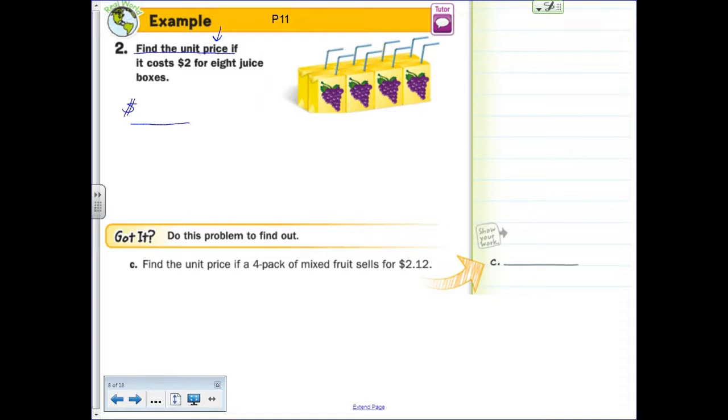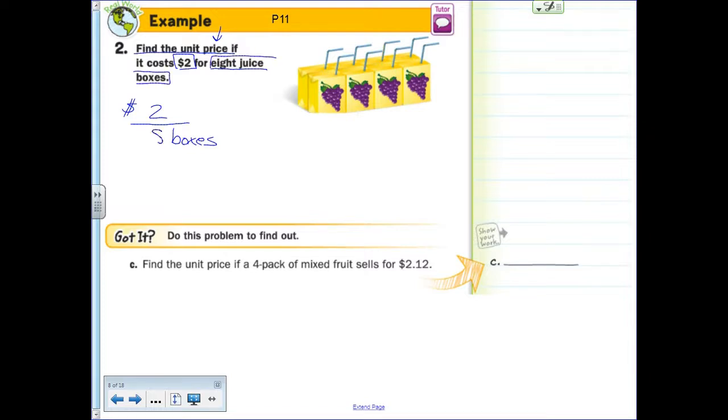And the single thing needs to be the boxes on the bottom. So we're looking for money per boxes. Well, it's $2 for 8 juice boxes.